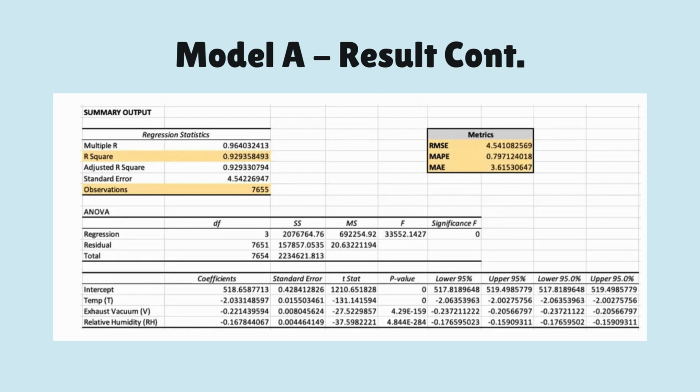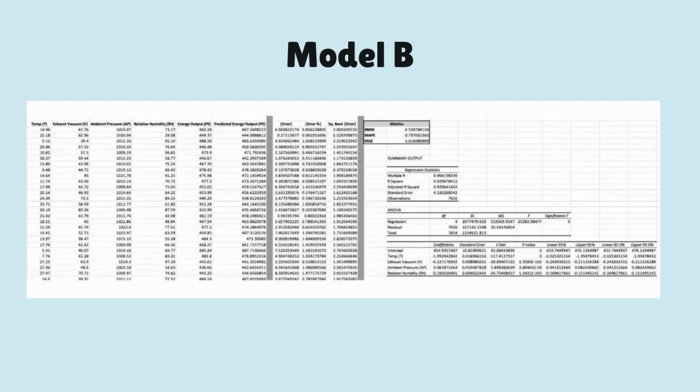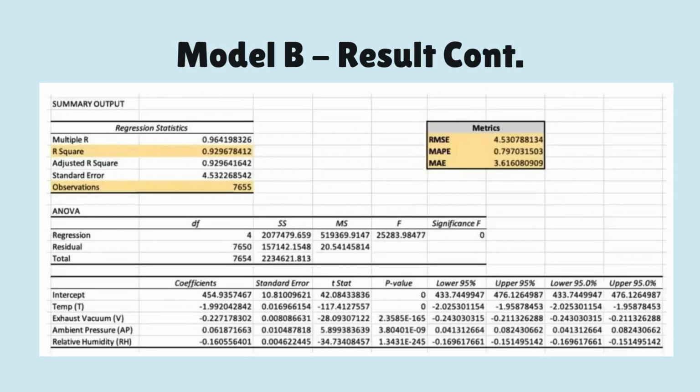Here are the results for model B, run on the training data as well. Taking a closer look once again, I've used 7,500 observations, which represent again 80% of my data. My R square is 0.929, which is a slightly higher correlation than model A. My RMSE is 4.5.